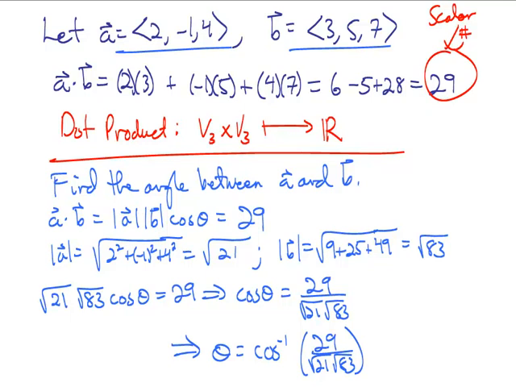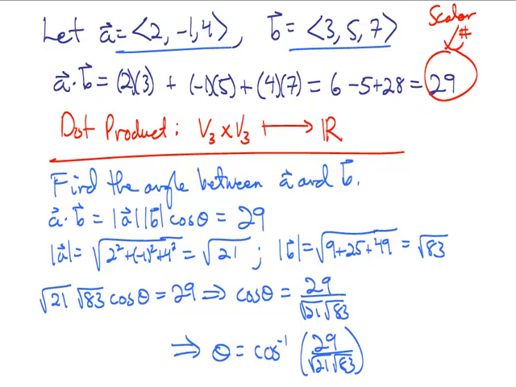In fact, maybe I'll just go ahead and put that in my calculator. That way we can make sure we got the right answer. I'm going to go ahead and look in my mode here. I'm actually in radians. I'm going to switch to degrees. I'll give the answer in degrees. And so let's take the square root of 21, that times the square root of 83.